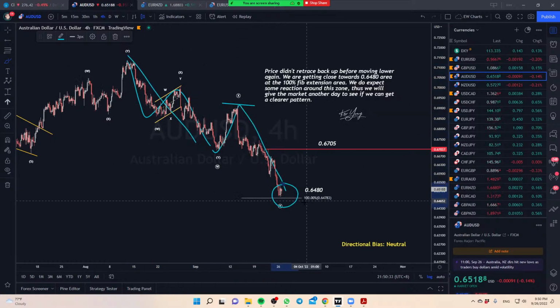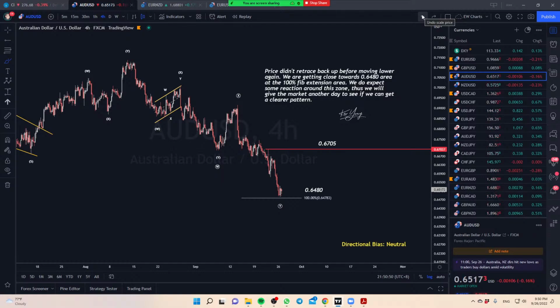We are getting very, very close to this reaction point here, which I expect the market to have some form of reaction around, the 0.6480 area. If you're looking at a reversal trade, for those of you who are a bit more of a counter-trend trader, you want to start paying attention to this area at 6480.